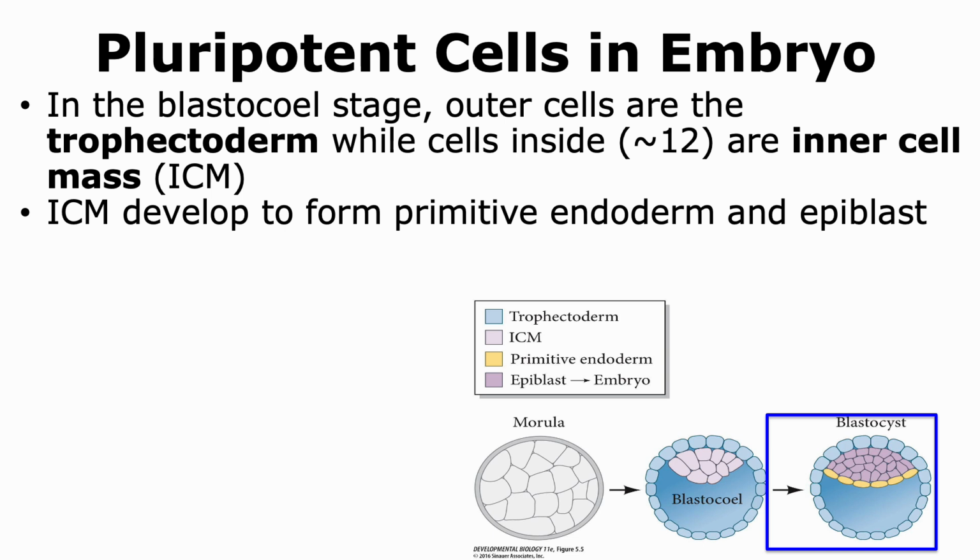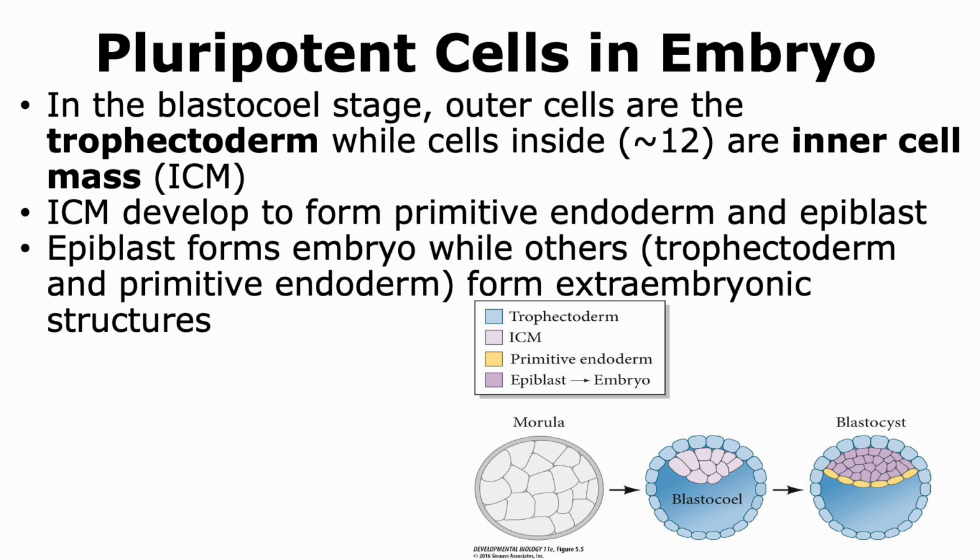The inner cell mass cells develop to form the primitive endoderm and an epiblast. As shown in the figure, the inner cell mass cells undergo changes to form either a primitive endoderm, shown in yellow, or they become the epiblast.